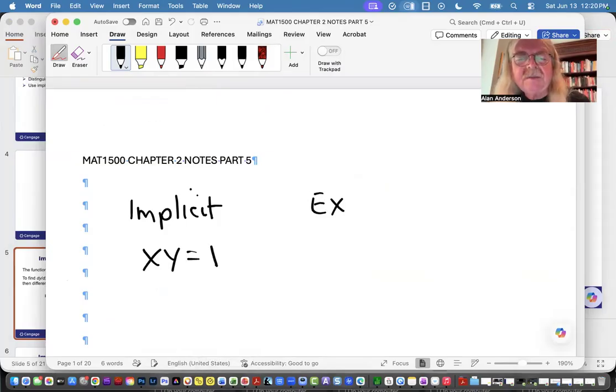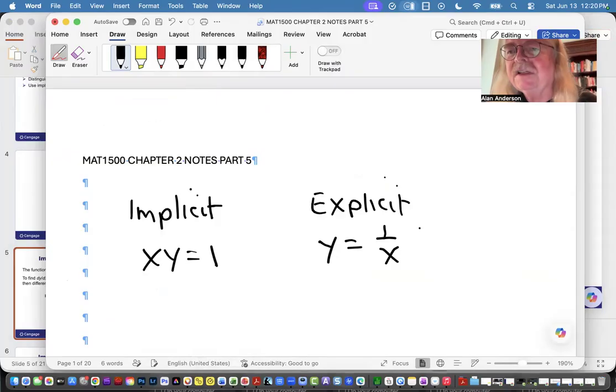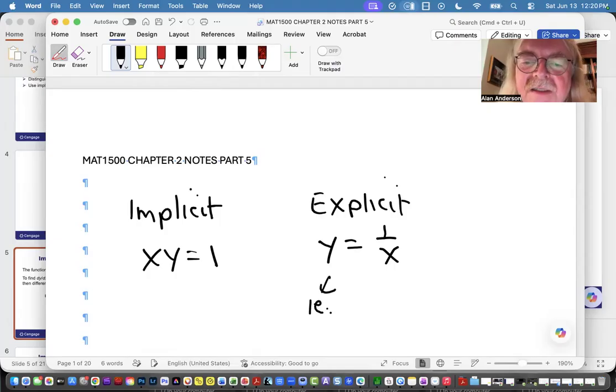And the explicit version would be y equals 1 over x. So what's the difference? Well, algebraically, of course, they're the same thing. What's different about the two is that here we have y on the left and all the x's on the right.